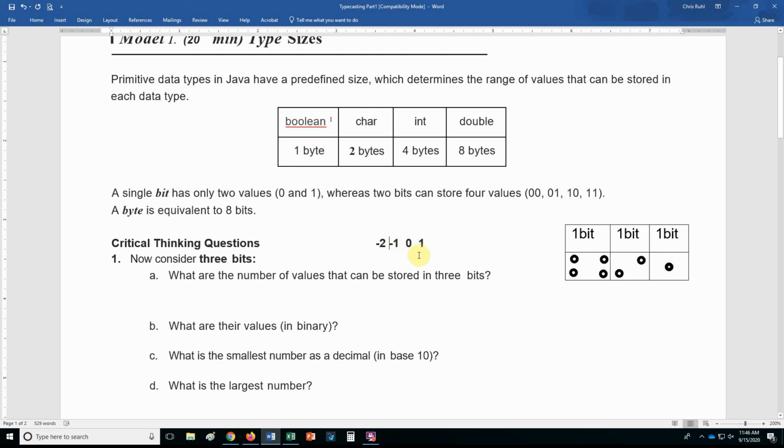Because I'm including the 0 with the positives. So we have 2 positives and we have 2 negatives.